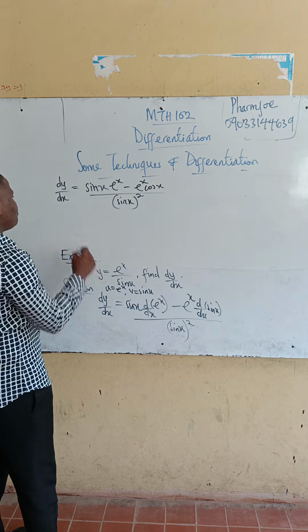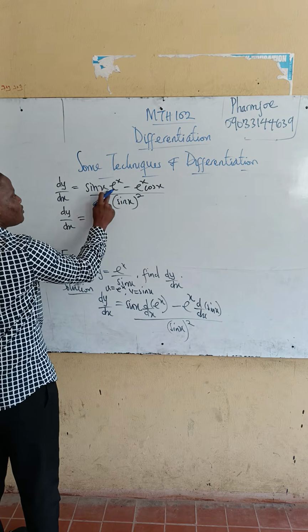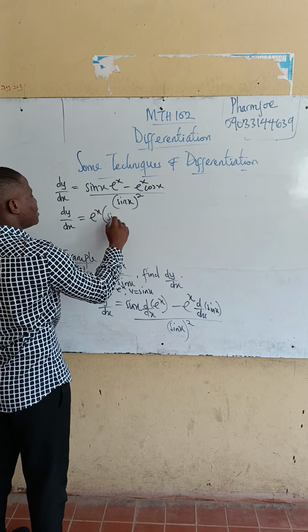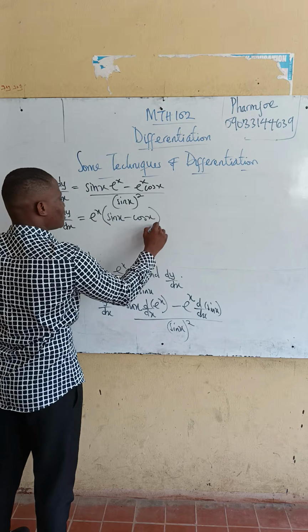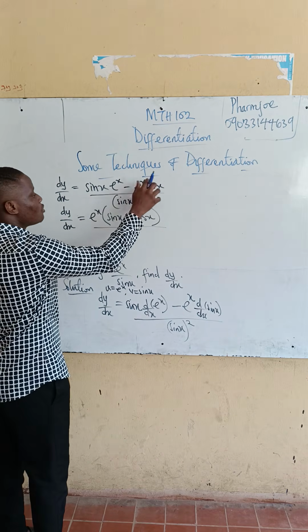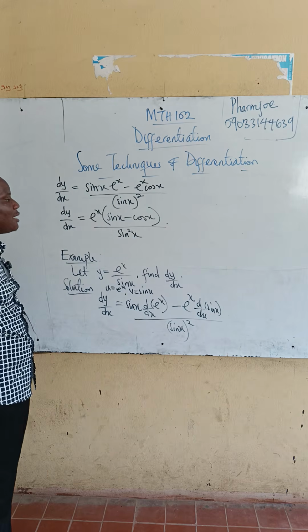So maybe you want to make your work beautiful. We can have dy/dx based on the option you've seen. e to the x is common here, so bring out e to the x. Then you have sine x minus cos x over, in your trigonometry class, I told you sine x all squared is the same thing as sine squared x. So we can leave our answer like this.